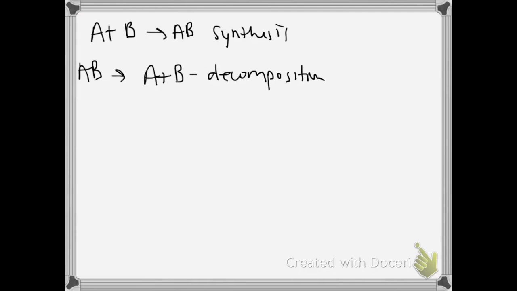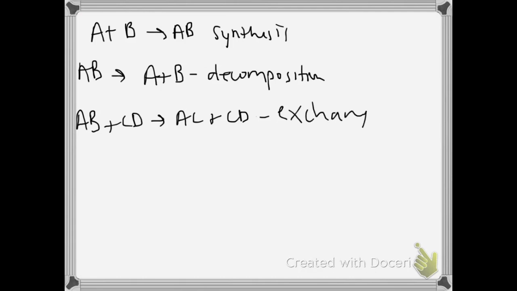The other ones that we have are exchange reactions. So that's like if I did AB plus CD going to AC plus BD. This is called an exchange. That one's self-explanatory. A specific one we talk about is oxidation reduction reactions.